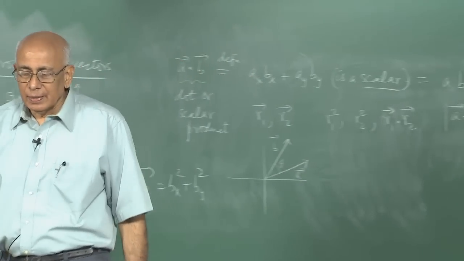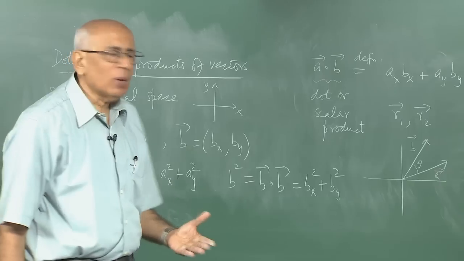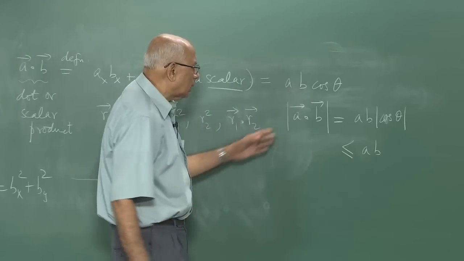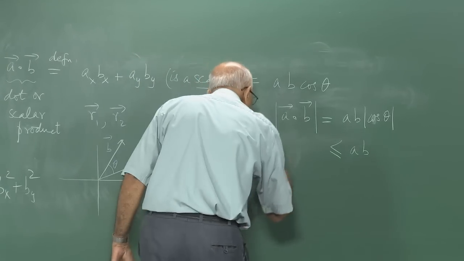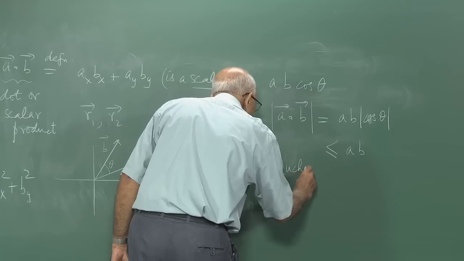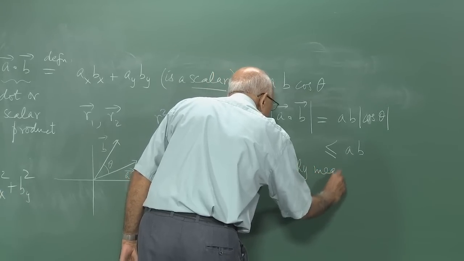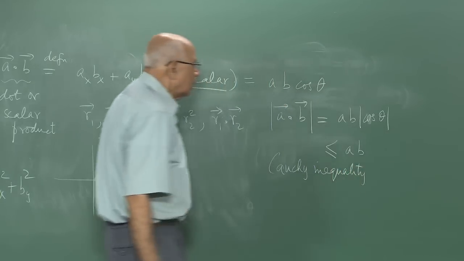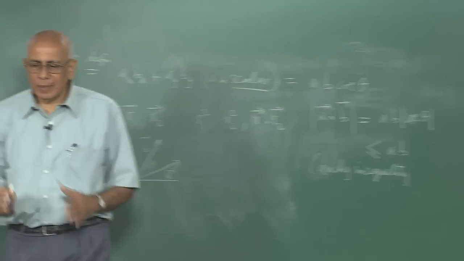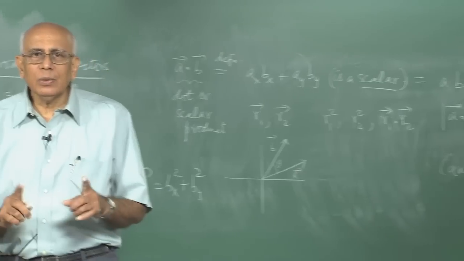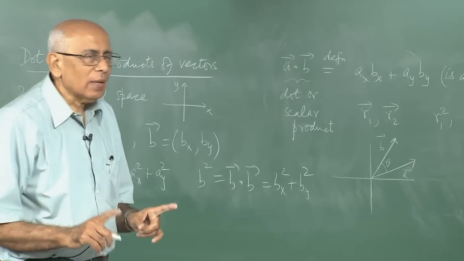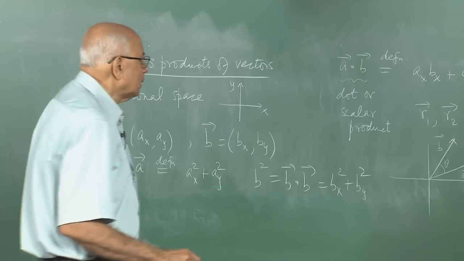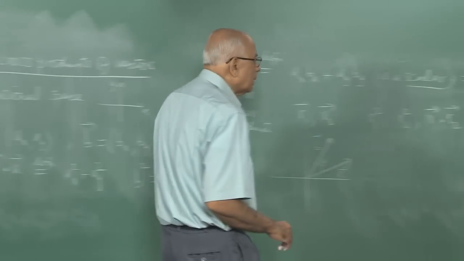Okay. And this is a very important inequality. It has got many names. At this level it is called the Cauchy inequality, and it simply at this level expresses the fact that the magnitude of the cosine of an angle cannot exceed unity. It has got to be between 0 and 1, including of course the end points.